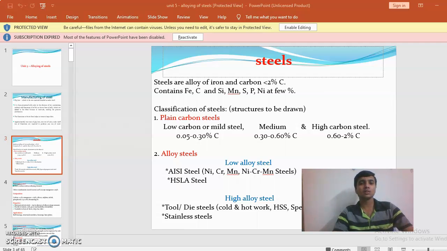High alloy steels include tool and die steels, cold and hot work steels, HSS, special purpose tool steels, and stainless steels.